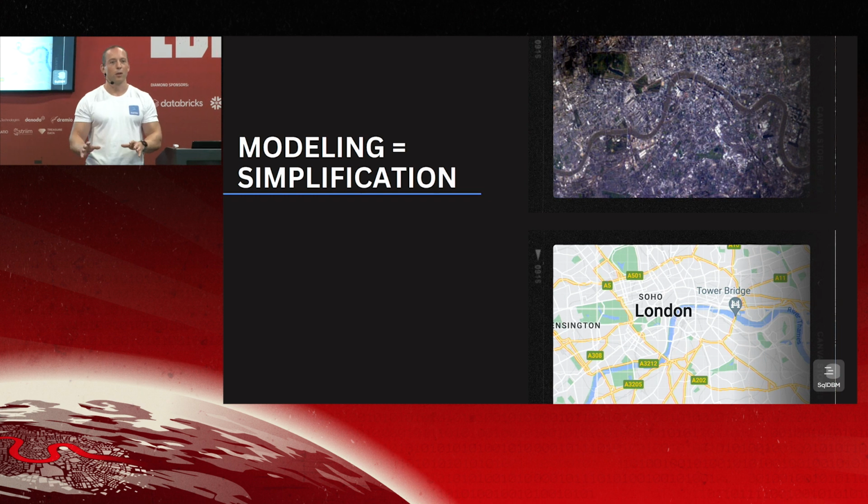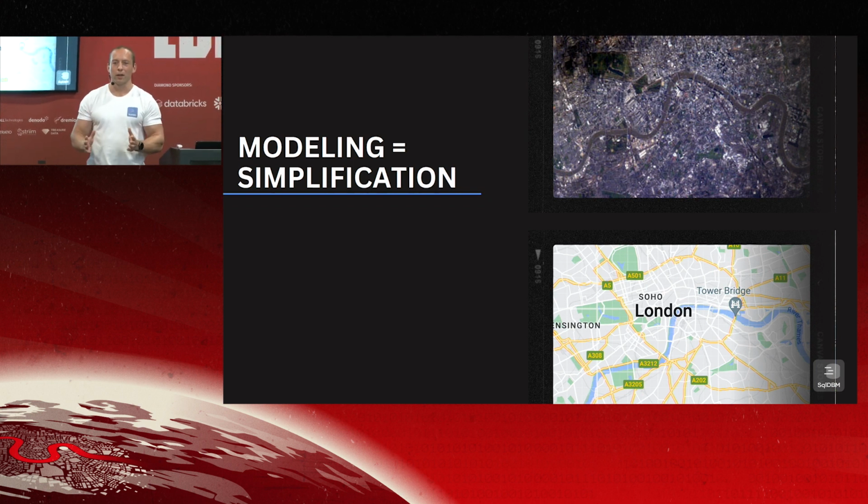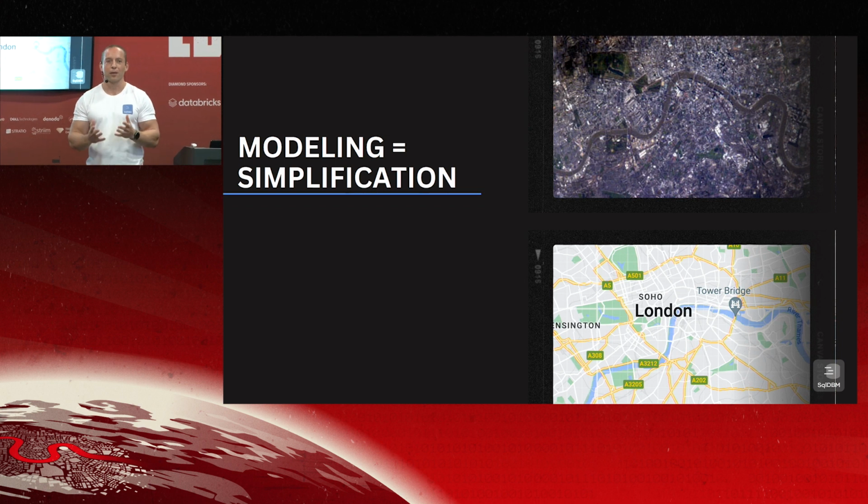You can zoom in all the way to city blocks and understand how to get from one corner to another. But the map is not the territory, a famous refrain. A model is very similar to a map: when we're talking data, it really is a blueprint, a map of your data assets, your schemas.